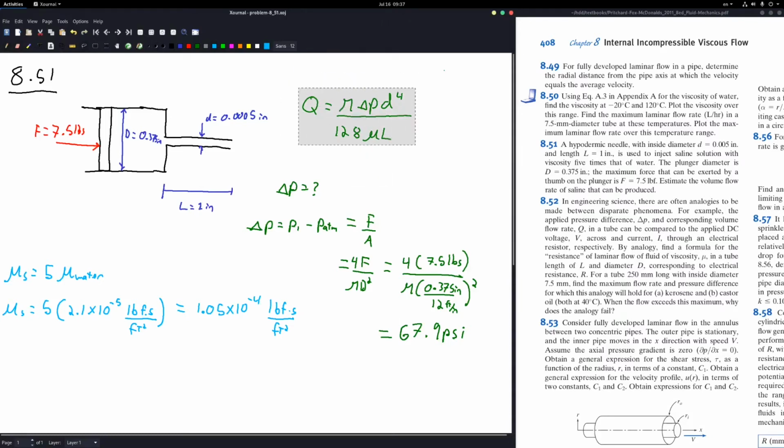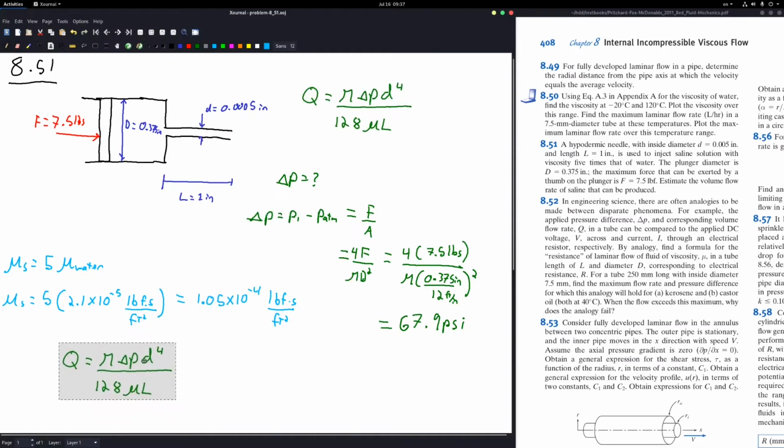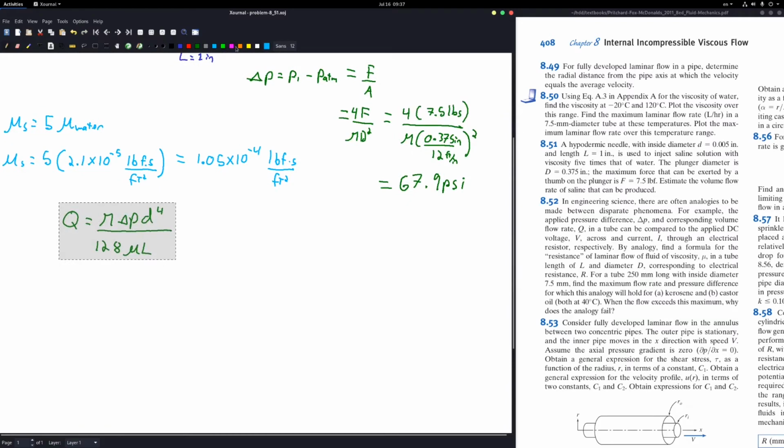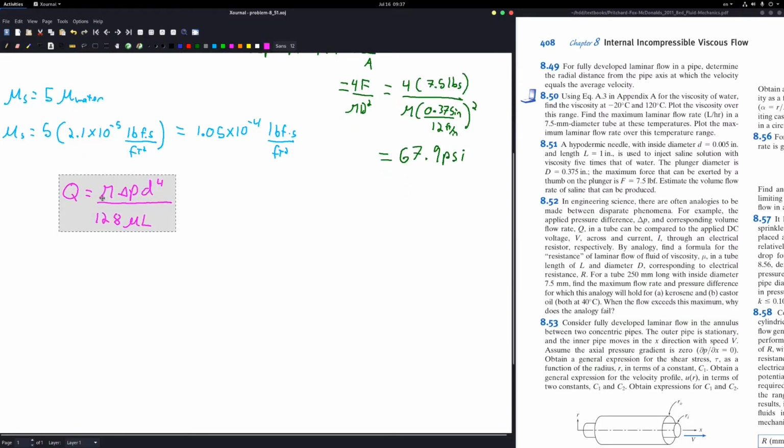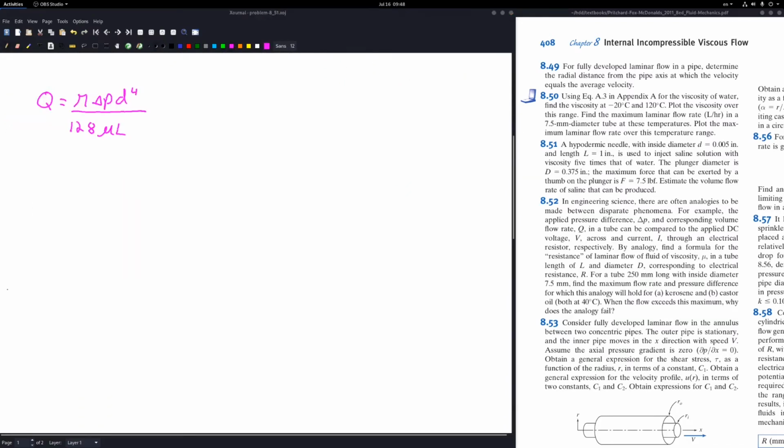Now that we have solved for all the unknowns, we can retake the expression for our volumetric flow rate and calculate the volumetric flow rate. And again, it's important here to be careful as we're using the British standard units that our feet and our inches all line up together.